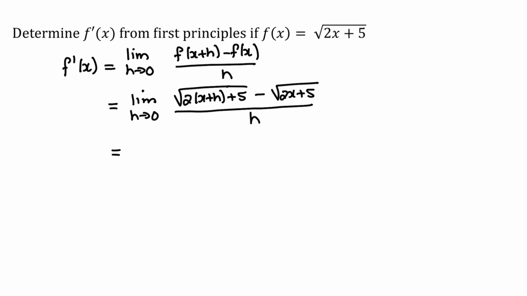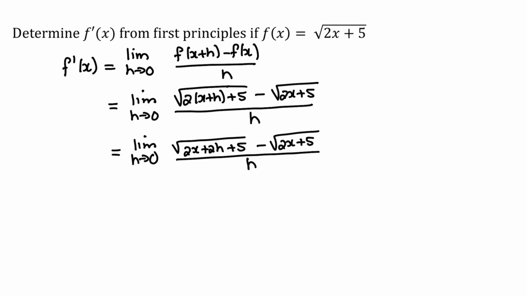Now our next logical step is to remove the brackets. So we'll multiply 2 with x and 2 with h. So that becomes the square root of 2x plus 2h plus 5 minus the square root of 2x plus 5, over h.